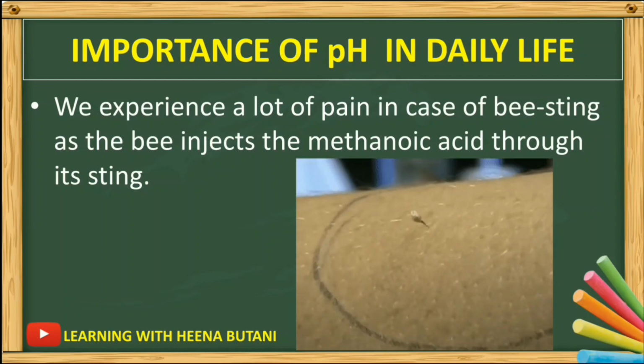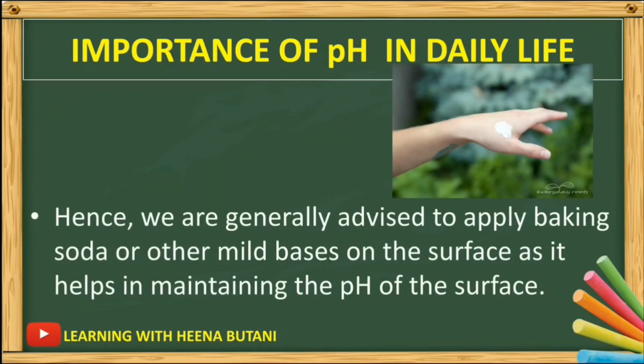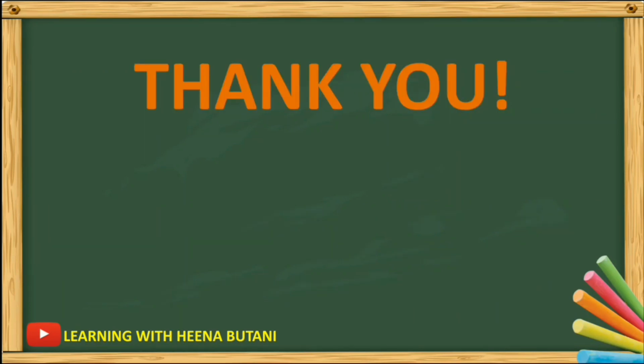So how can we get relief from this redness or irritation? We are generally advised to apply baking soda or another mild base on the surface of it, which helps in maintaining the pH of the surface, and we can get relief from the irritation, itching, redness or swelling.